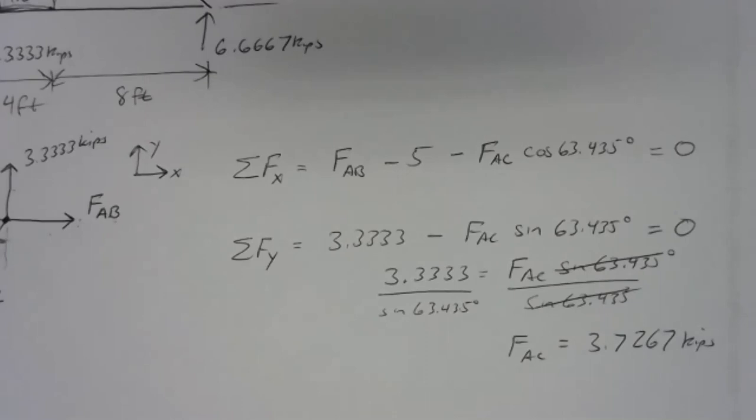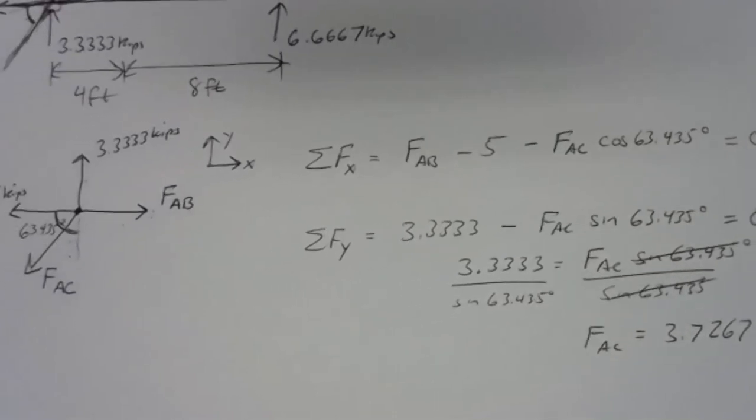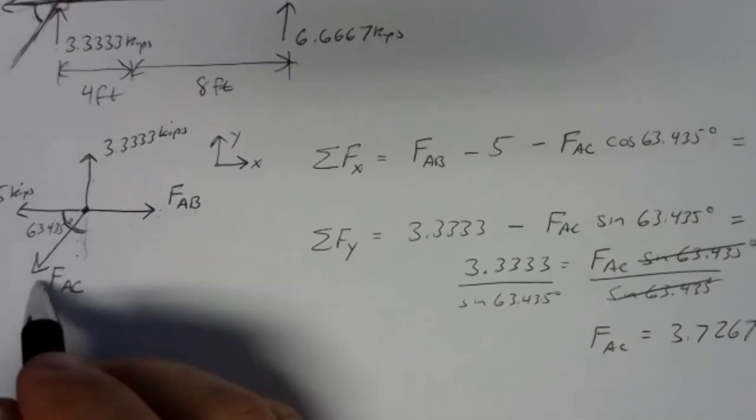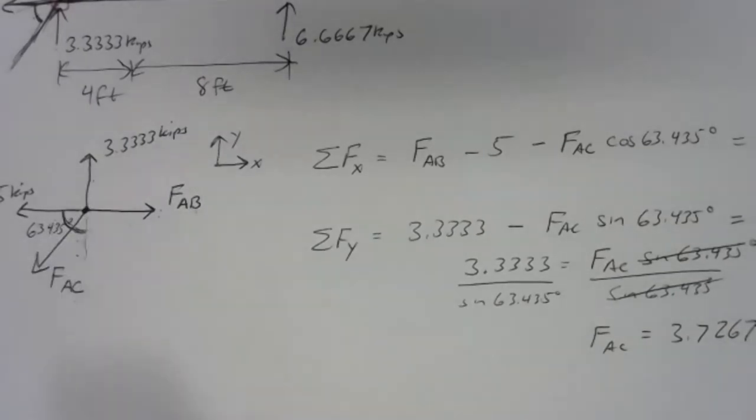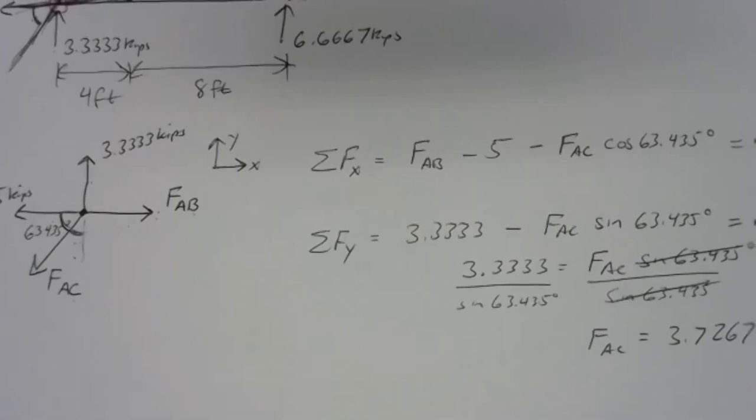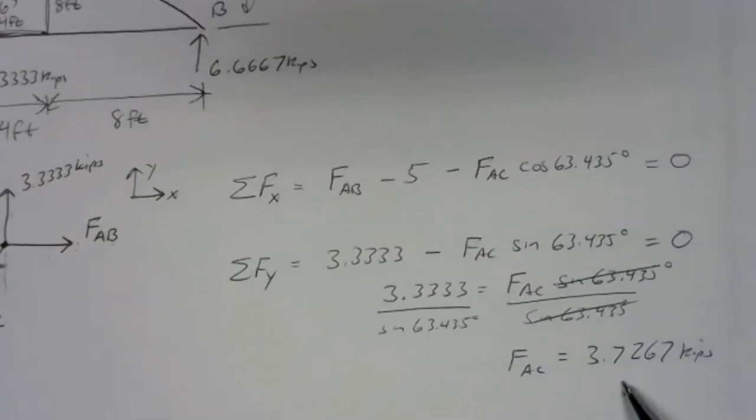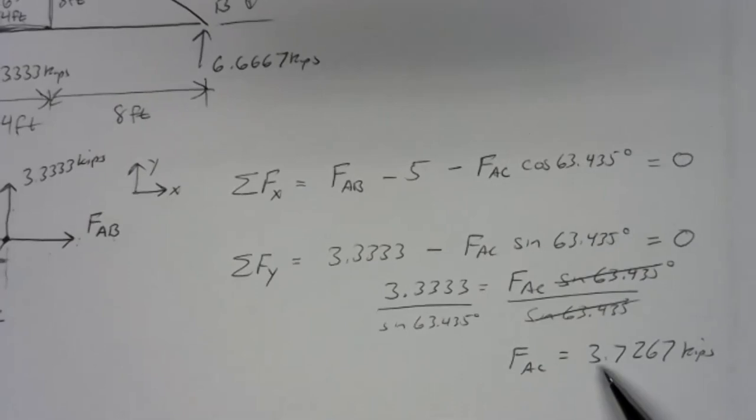It came out positive, so it means our assumed direction over here is correct. I'll come back to that in a moment because we're going to need to use that to interpret whether this member is in tension or compression. But FAC is 3.7267 kips.